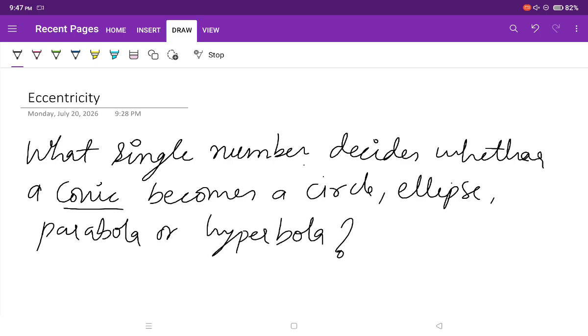So what single number decides whether a conic becomes a circle, ellipse, parabola and hyperbola?